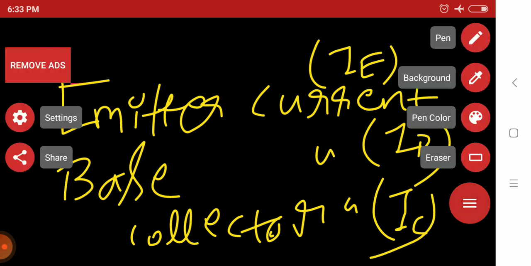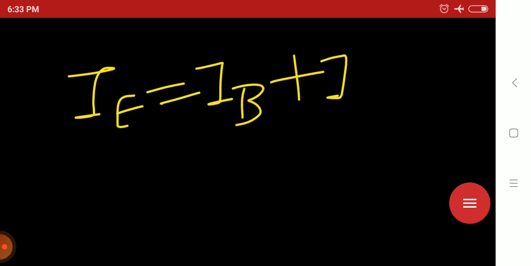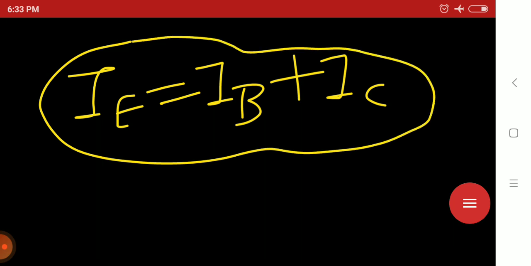What is that relation? The relation is given by IE equals IB plus IC. That is the main relation for the common base configuration.